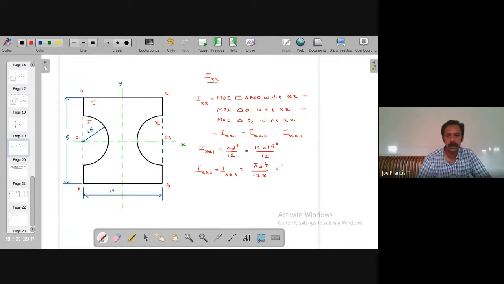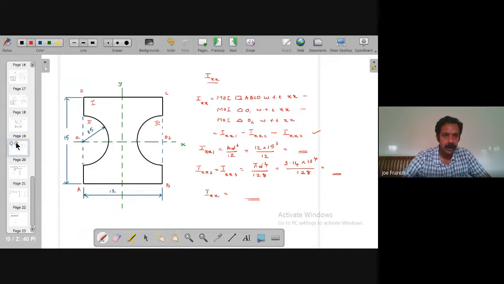So it will be 3.14 into d raised to 4, where r is 5, so d is 10, 10 raised to 4, divided by 128. So we got all the values, Ixx1, Ixx2 and Ixx3. Substitute them in this expression and you can find Ixx. So you get one of the answers, the moment of inertia with respect to the XX axis.